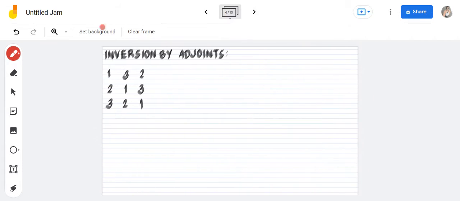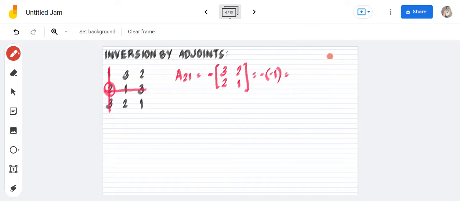Next we move on to A21, and this is negative, so we get 3, 2, 2, 1, or that's equal to 3 minus 4, that's negative 1, times negative, or that is positive 1.